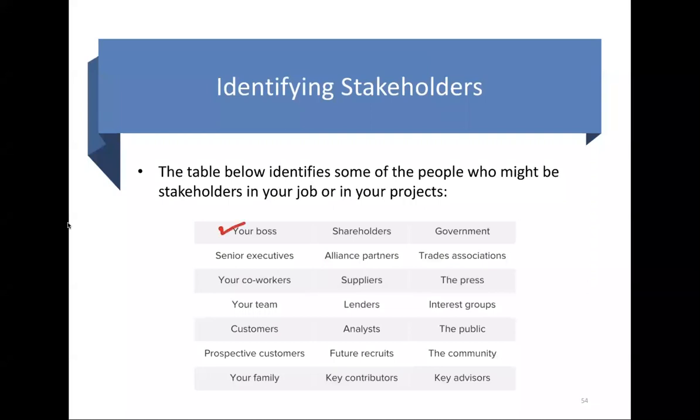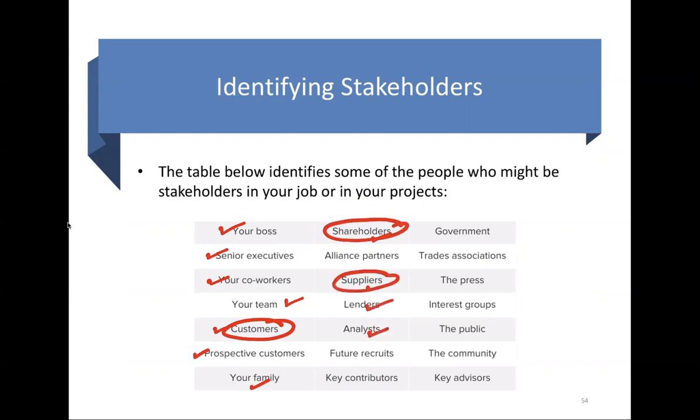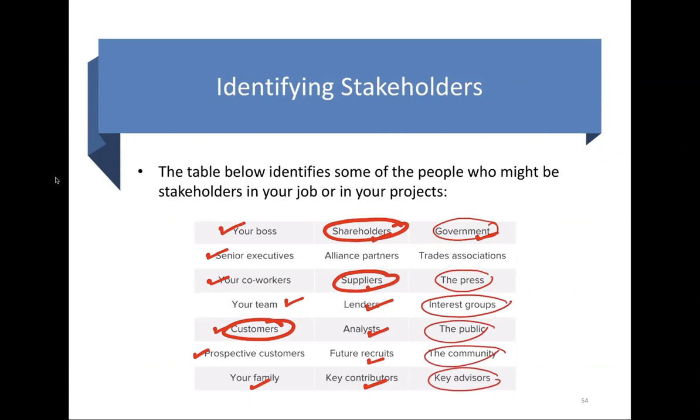Maybe your boss, your senior executive, your coworker, the entire team, the customer, a prospective customer, your family, shareholders, suppliers, lender, analyst, future recruits, key contributors, government, the press, interest group, public, the community, and the key advisors. For the community, I could classify it as secondary.